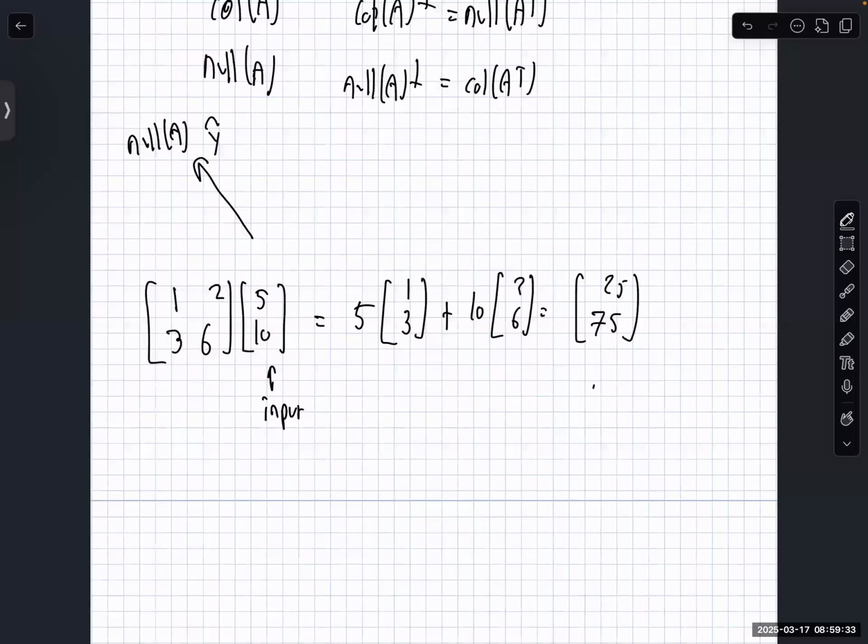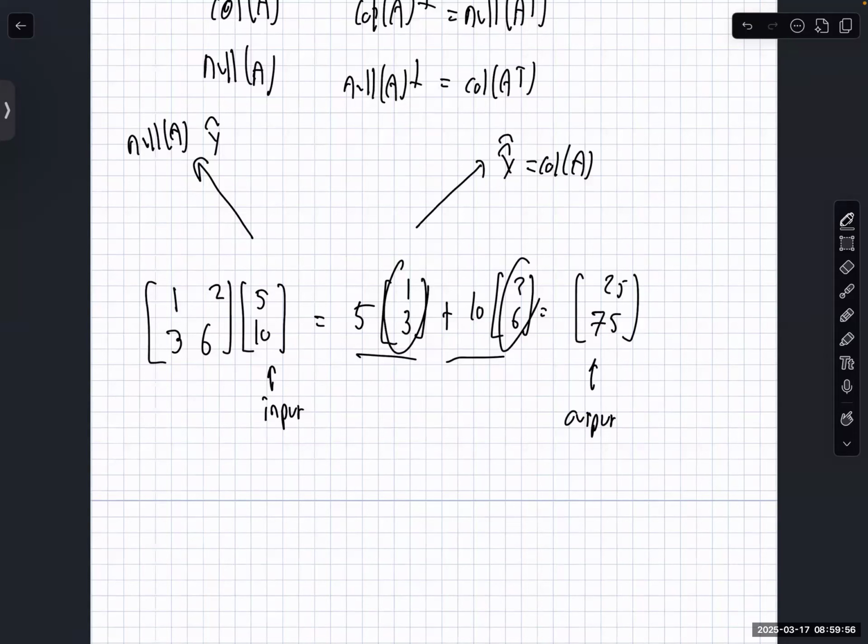So to go from an input to an output, I do a combination of the columns. I use the columns to build the outputs. Do you see it? So I'm going to use that for the x-axis of the output space.